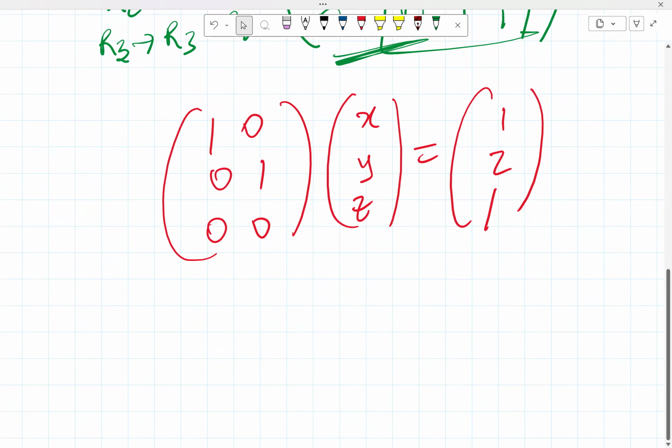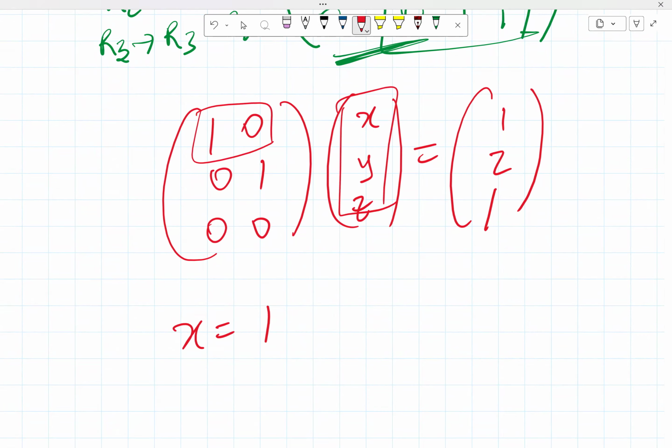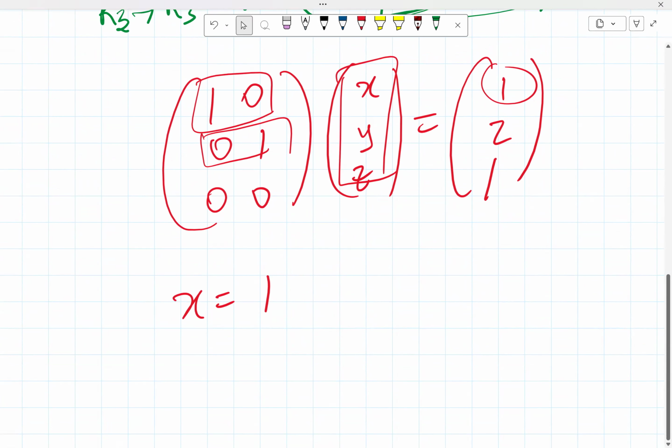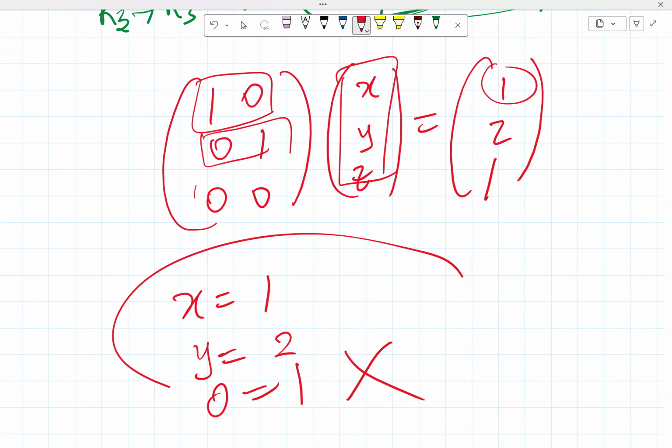Okay, so that means you have x equals 1, because this will multiply this now. So you have only x there. Then 0, 1 with everything, so you have y, right? y is equal to 2. But lastly, you have here 0 is equal to 1. That is inconsistent, and that makes the whole thing not make sense.